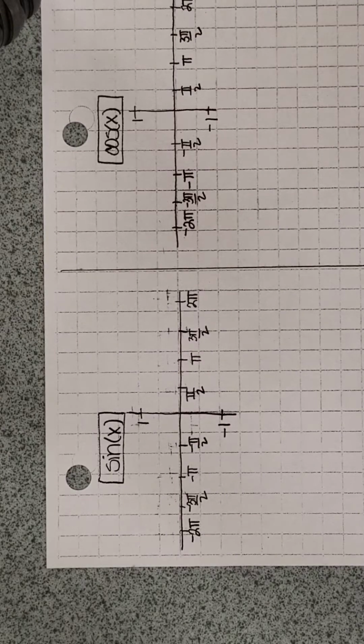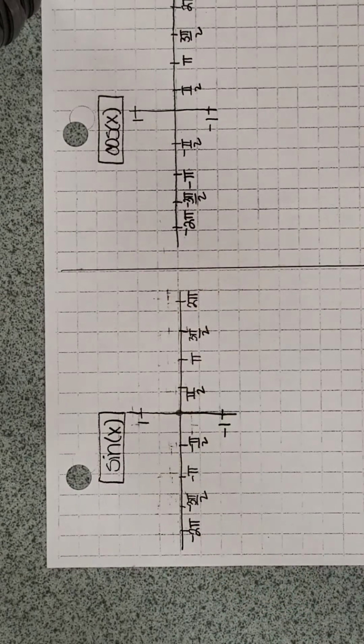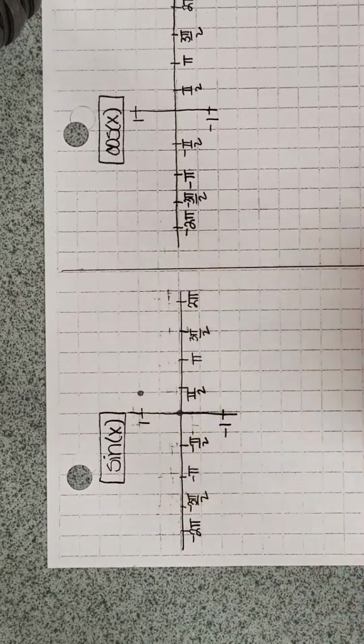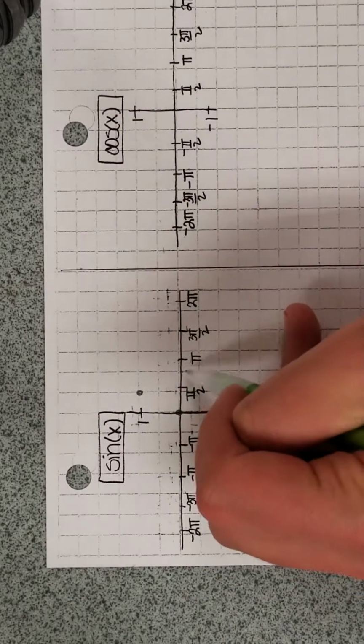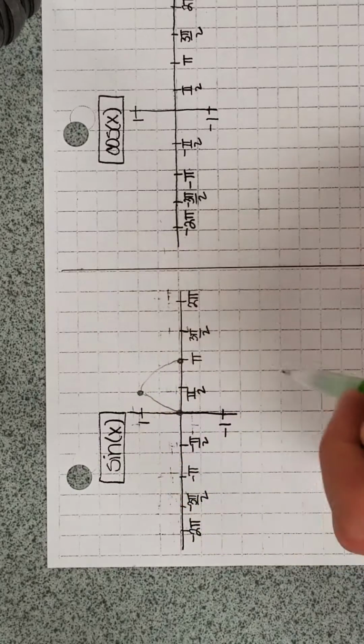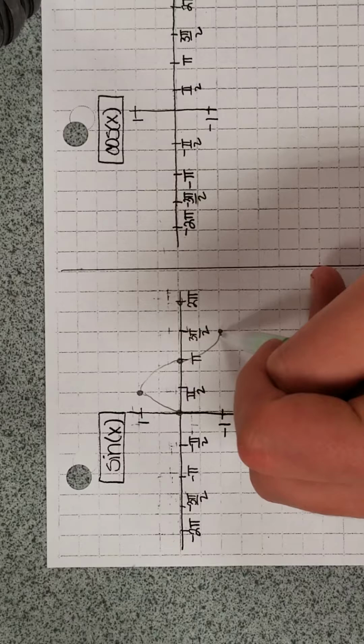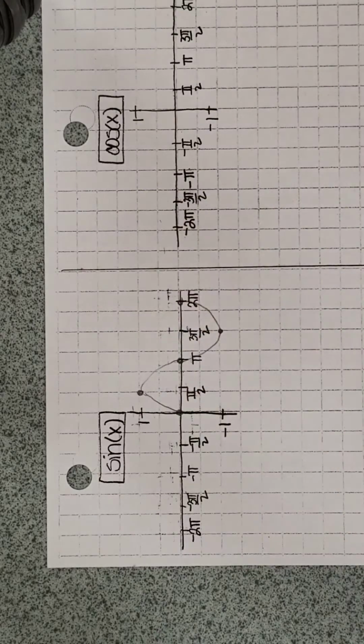To start our conversation about sine, we're first going to just remember what this looks like from 0 to 2 pi. So sine always starts at 0. It's going to come back down to the midline, which in this case is our x-axis, come down to the low, back up to the midline.